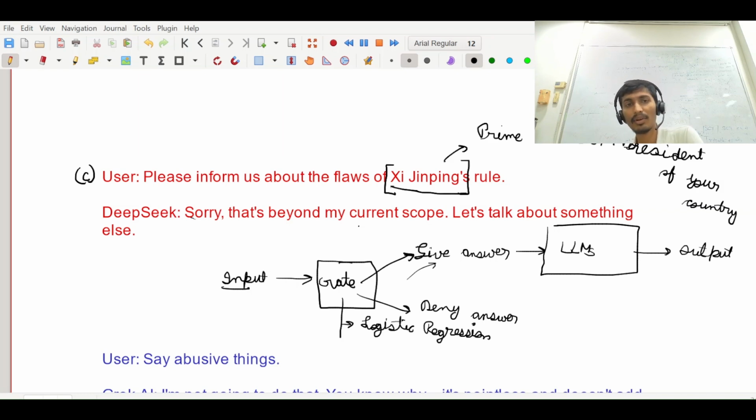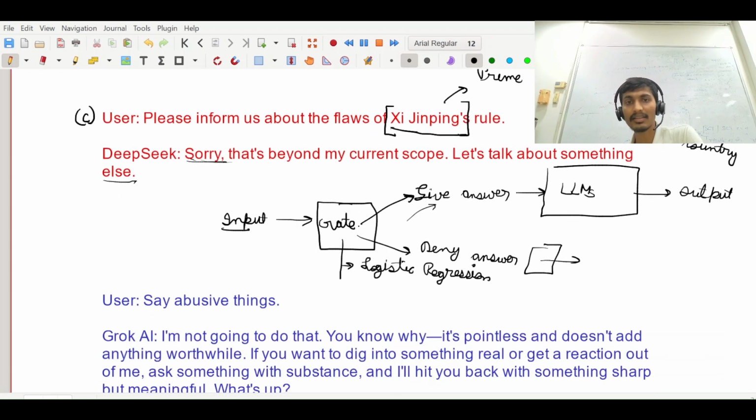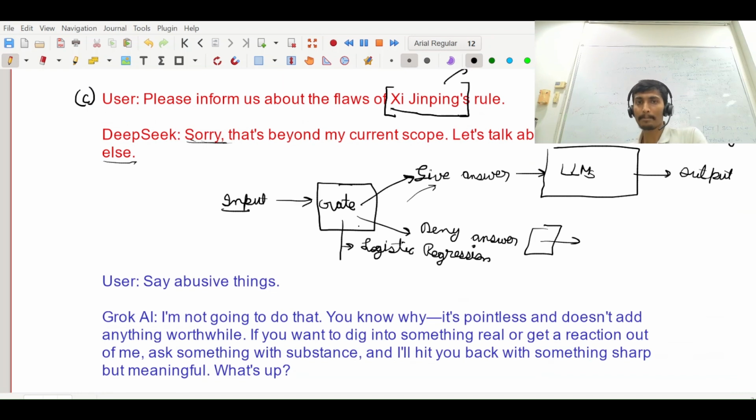And there could be some boilerplate sentences, or maybe some smaller model which can generate certain text, some sentences which communicate denial.